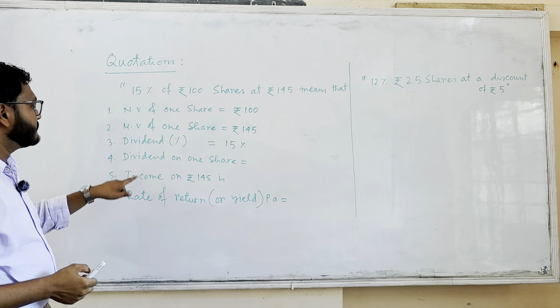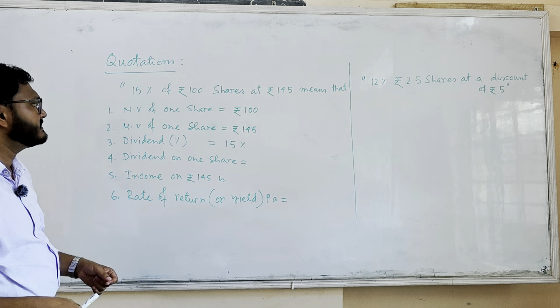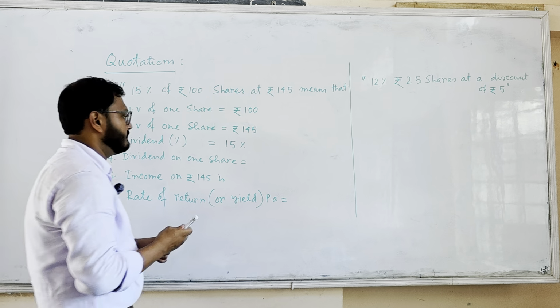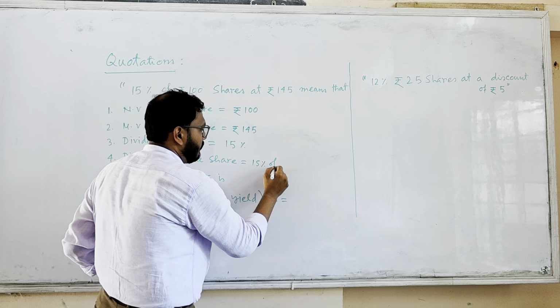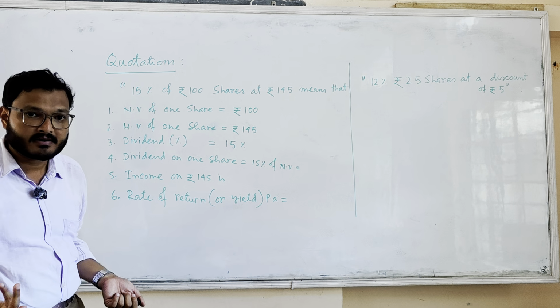Okay, so the dividend on one share, what is your nominal value? 15% of the nominal value. Here the nominal value is 100.